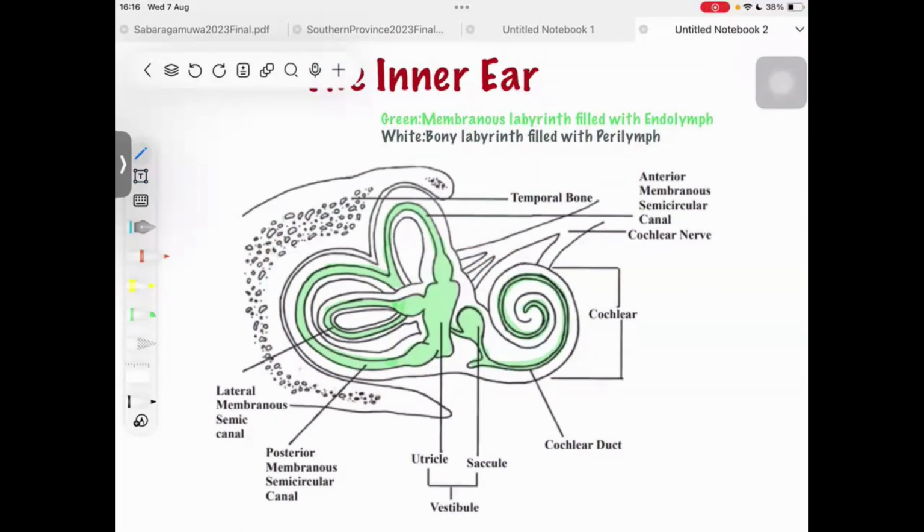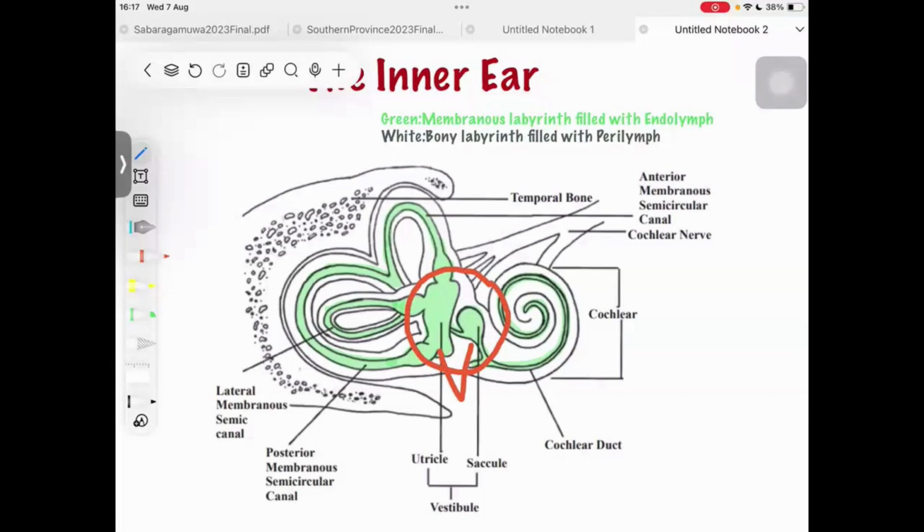As I've told you, this vestibule is actually the expanded part of the inner ear, and it is closer to the middle ear, right? And you can see there are two sacs in the vestibule. This sac is called the utricle and this sac is called the saccule. As you can see, all of them are lined with the membranous labyrinth.